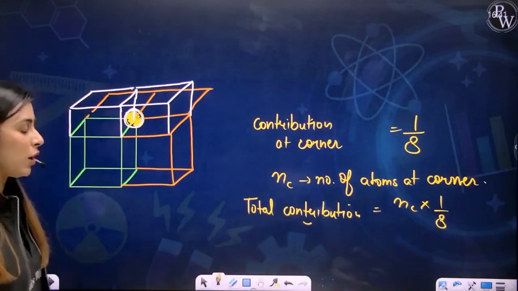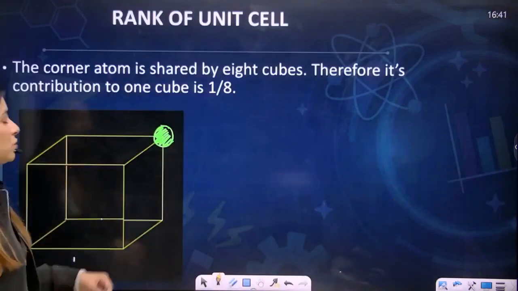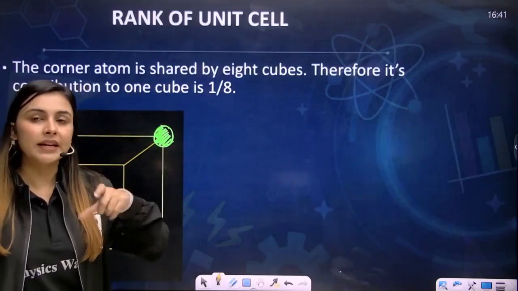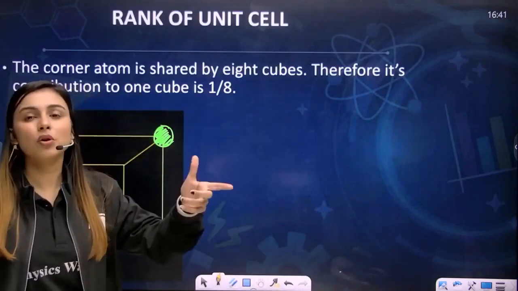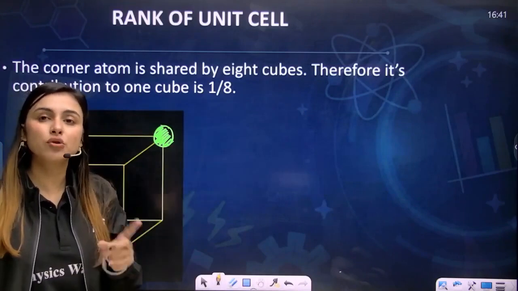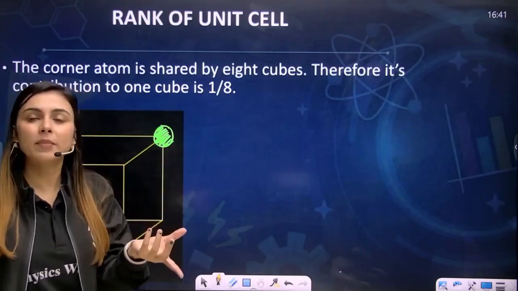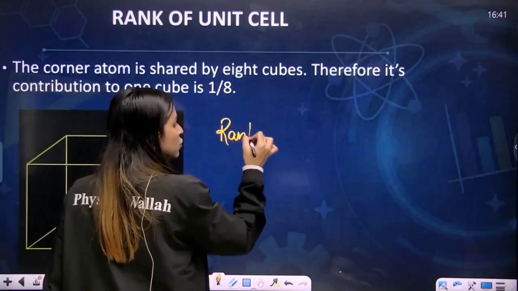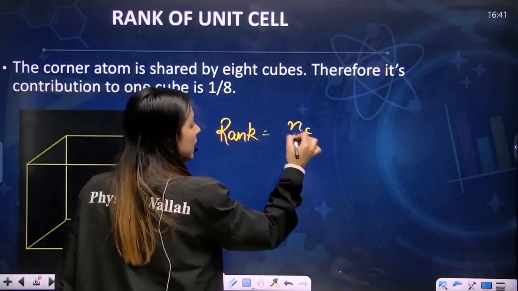Now we'll derive a formula here, my dear students, that at one corner the contribution is 1/8. Let us say we have n number of corners. So how much will be the contribution? Number of corners into 1/8. And rank is actually the effective number of atoms. So this would be NC/8.